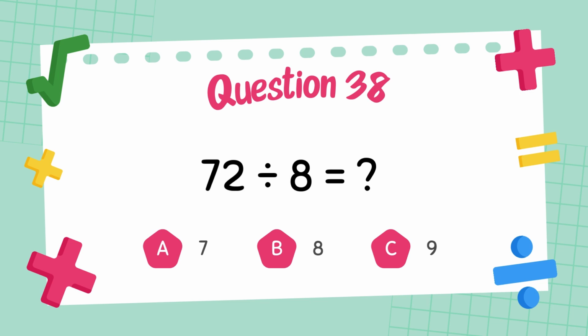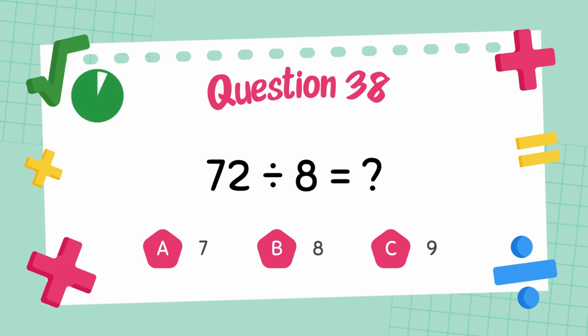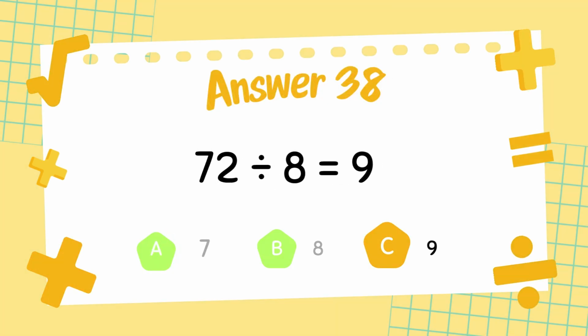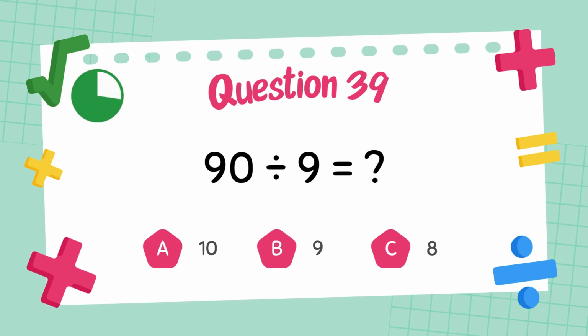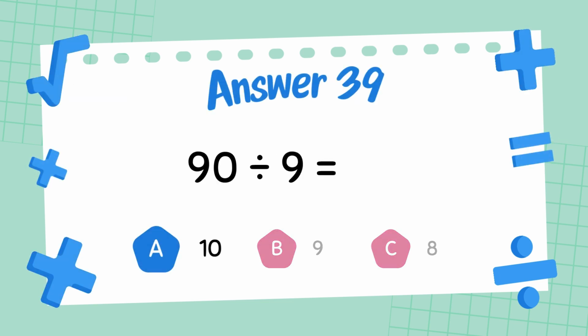What is 72 divided by 8? The answer is 9. What is 90 divided by 9? The answer is 10.